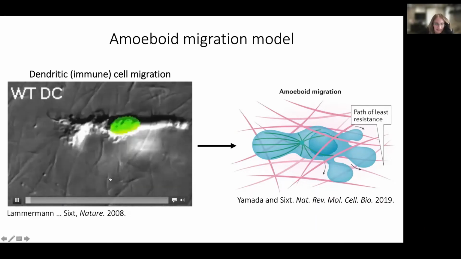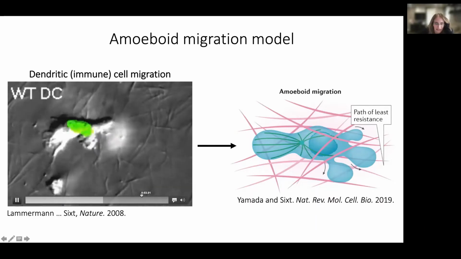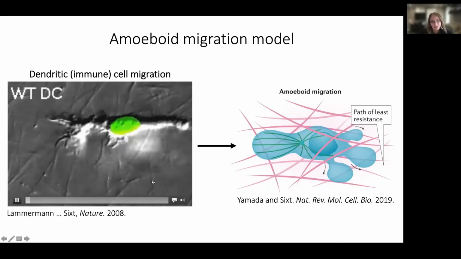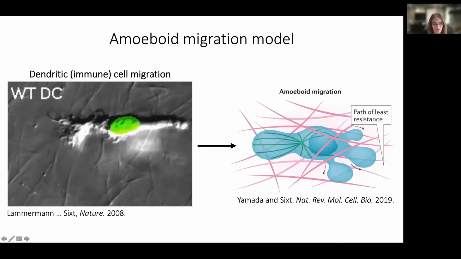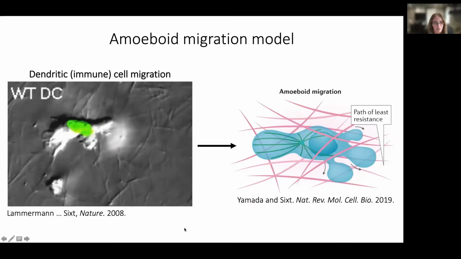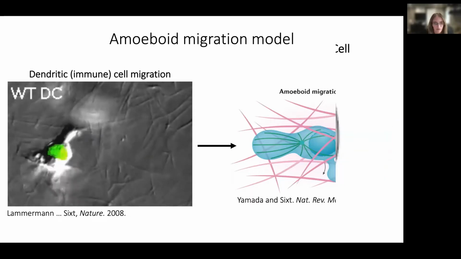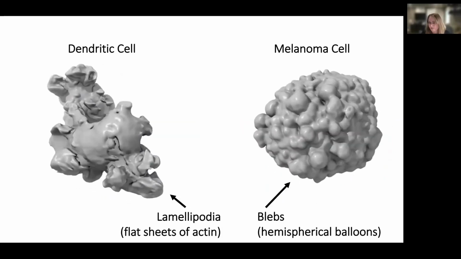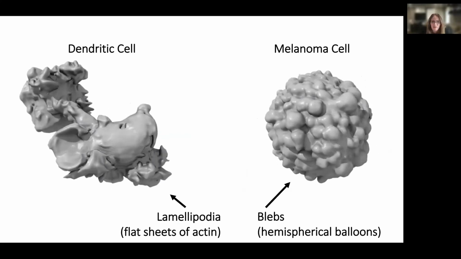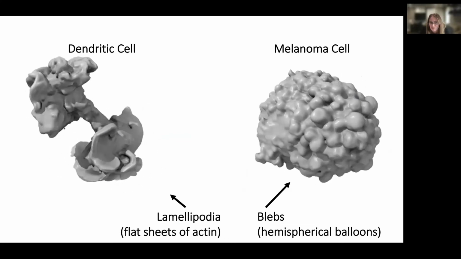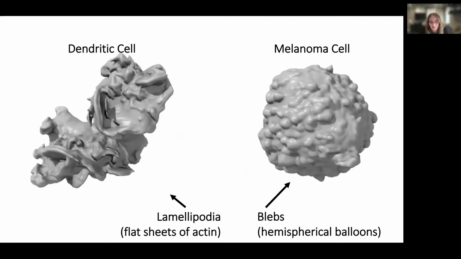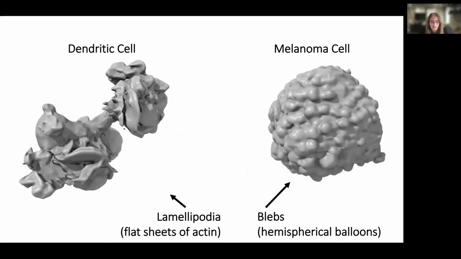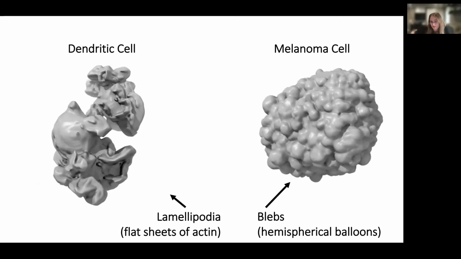So I went to Michael's lab and took these cells. I normally focus on image analysis, but I figured out how to culture and grow these cells. We looked at them in our microscope to compare them with the melanoma cells. We can see that they are very different, right? Dendritic cells have lamellipodia, which are flat sheets of actin, part of a cytoskeletal component, and melanoma cells have blebs.